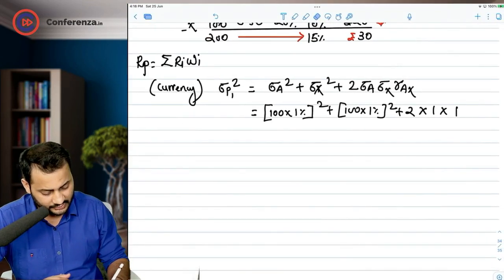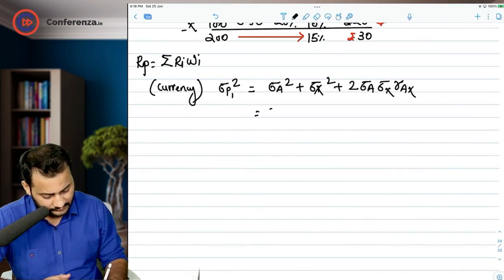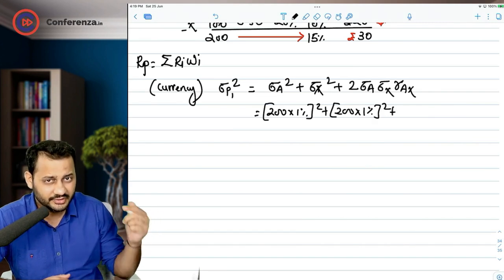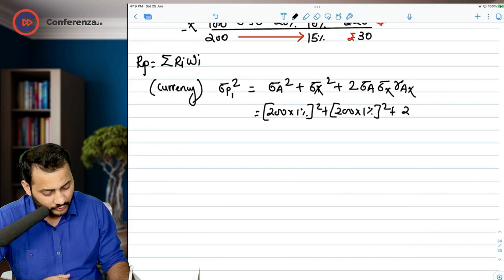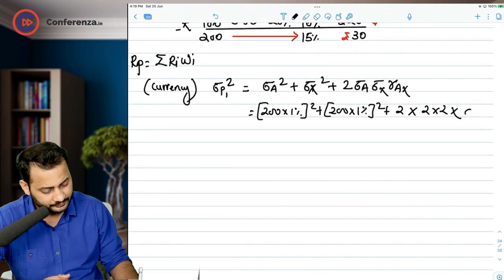So I will just correct myself. 200 lakhs into 1% square plus 200 lakhs into 1% square plus 2 into, how much is the 200 lakh into 1%? That is 2 lakhs, right? 2 lakhs into 2 lakhs into the correlation coefficient, which is 0.3.